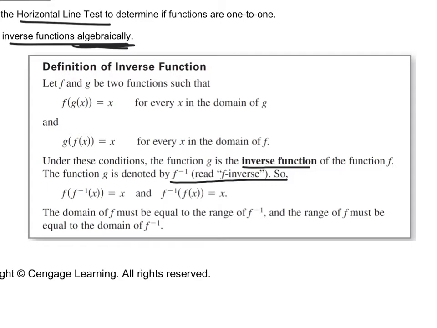And what it means to be an inverse: the main definition is when you compose a regular function with its inverse, and you do the opposite and take the inverse composed with the regular function, both of those results are what is called the identity function, which is just x. So that's how we will check and make sure that we have inverses, by using what we learned in the last section, which is composition of those two functions.